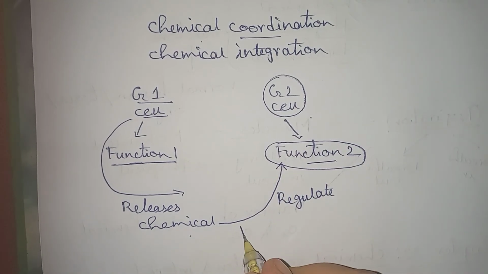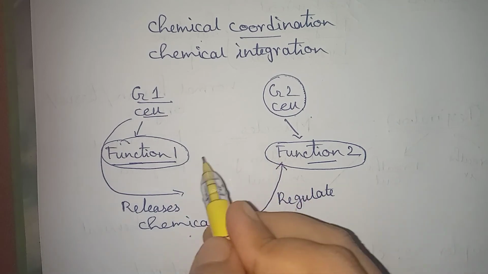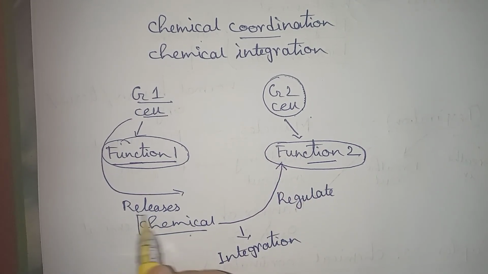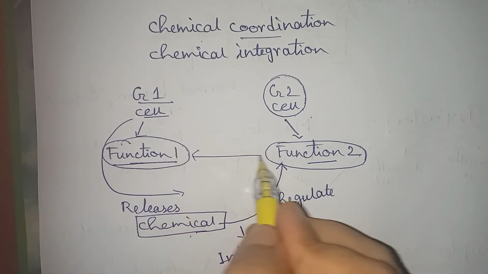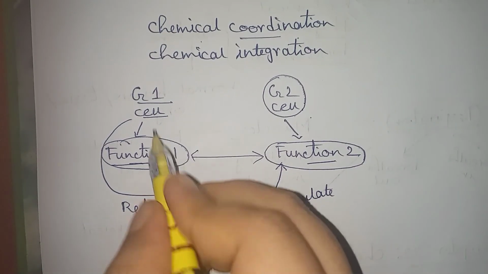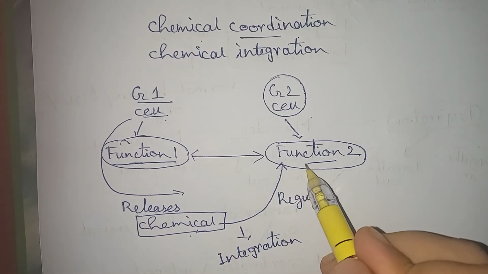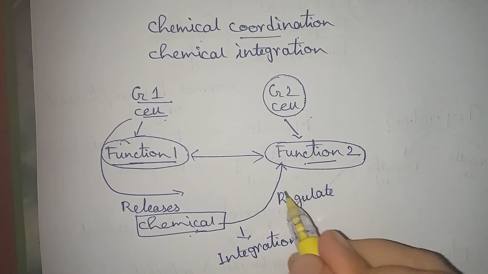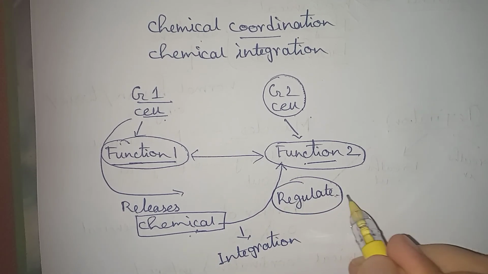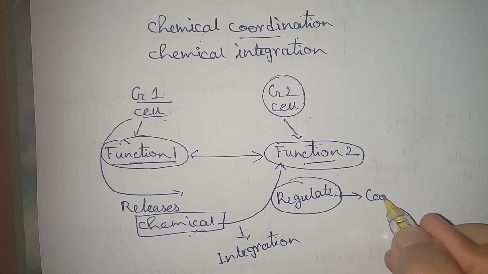This is called the integration, meaning the function 1 and function 2, by the presence of this chemical, are overlapping. And in the case of coordination, the group 1 cells release the chemical, it reaches the group 2 cells and regulates the group 2 cells' function; that is called chemical coordination.